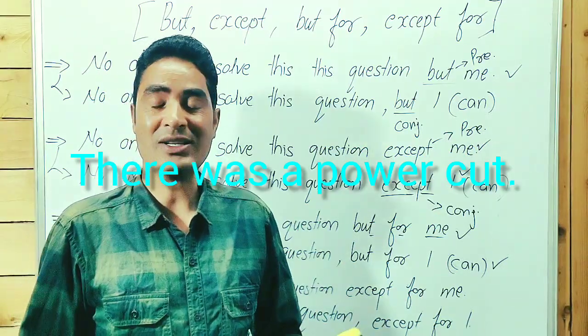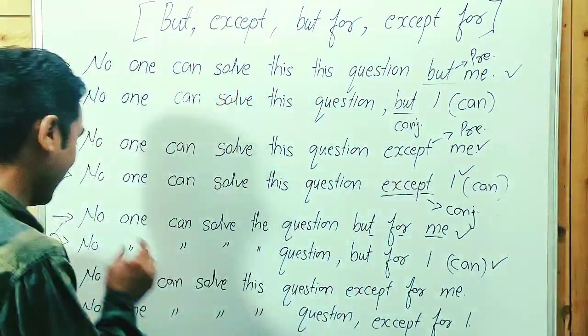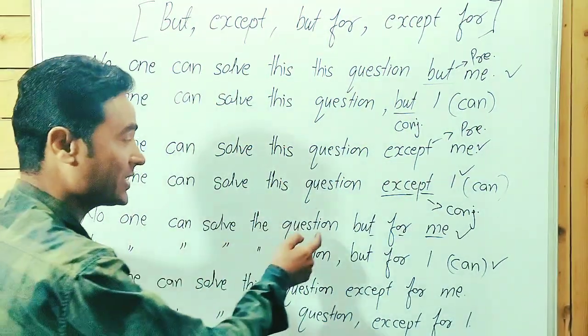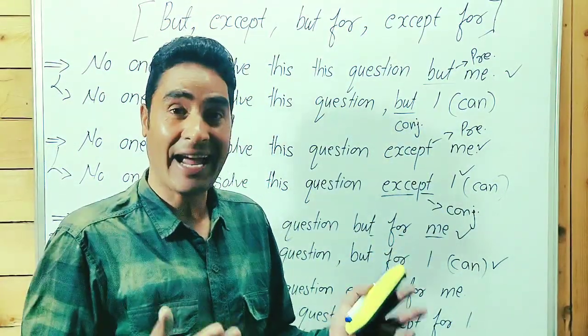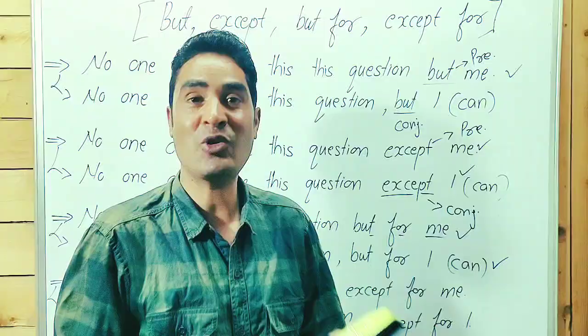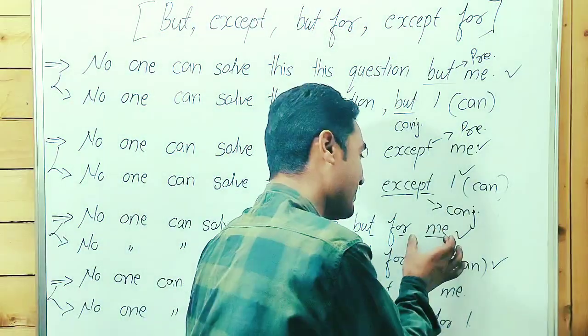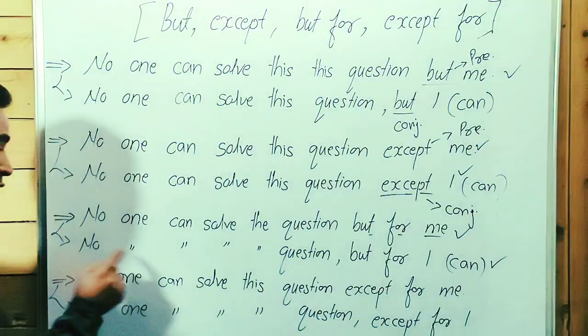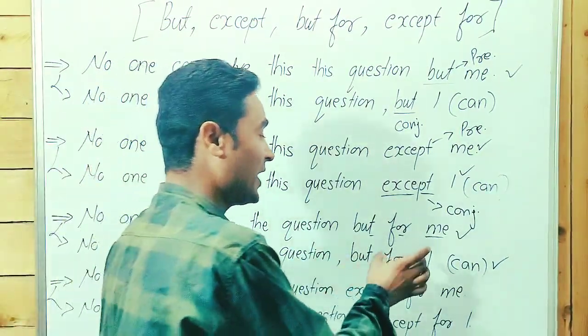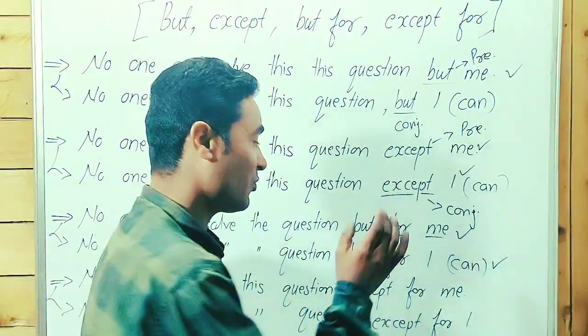I'm so sorry, there was a power cut. So now let's start. No one can solve this question but for me. But for has been used over here as a preposition. As you know, after a preposition we use the objective case of the personal pronoun. No one can solve this question but for I can. Guys, point to be noted.